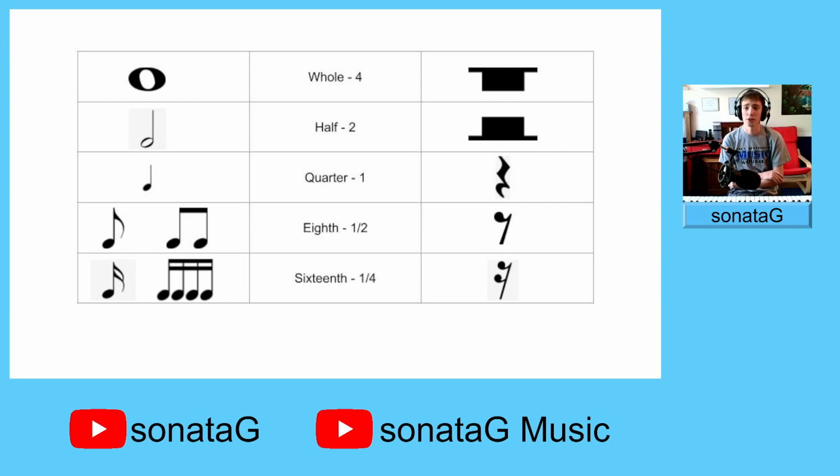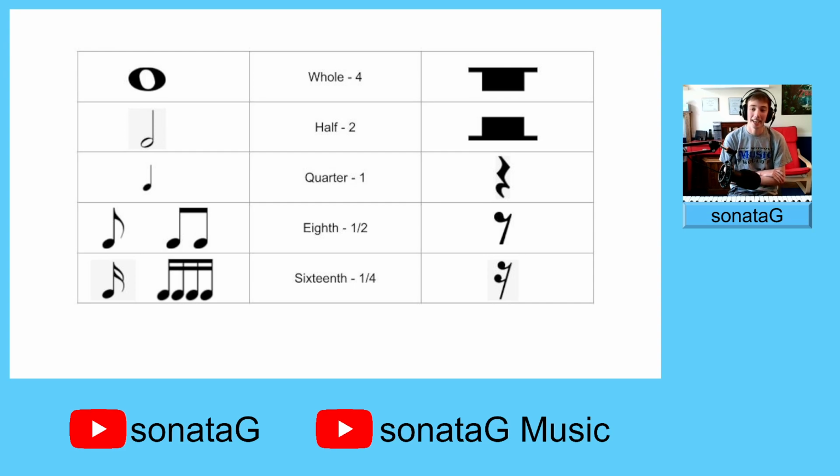So in the top row, the left is a whole note and then a whole rest on the right side, which in music holds whichever one it is for a value of 4 beats, and we'll get to beats in a little bit. And then down from there, yes, it's just internal math. That's literally what it is.